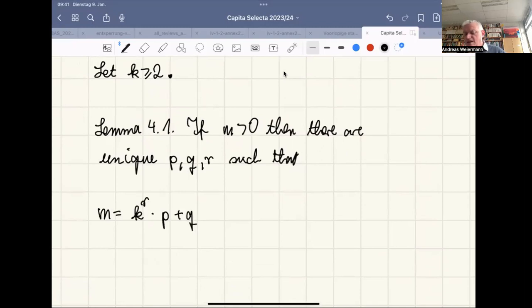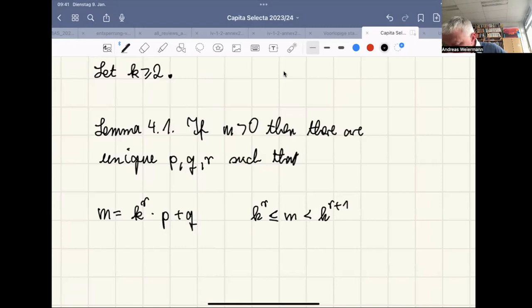And now there are the expected side conditions where k to the r is less than or equal to m, strictly less than k to the r plus 1. So we sandwich m between k to the r and k to the r plus 1. So this covers even the case m equal to 1, then r will be equal to 0.